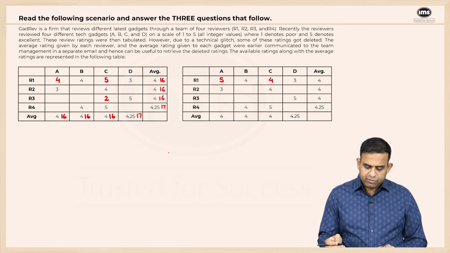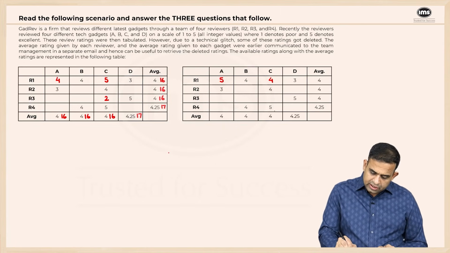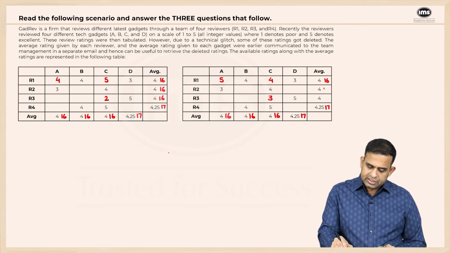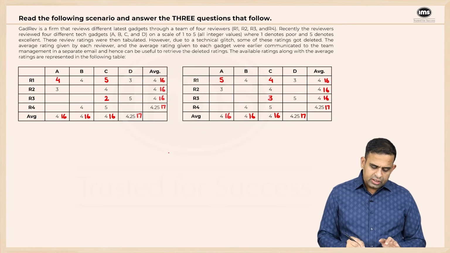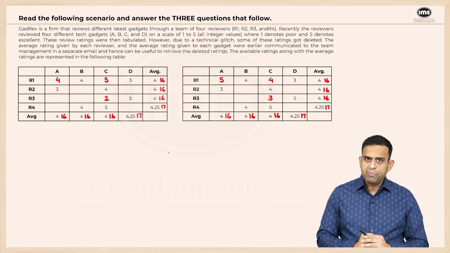In the next possibility, if I look at over here, 4 plus 4 plus 5 becomes 13. So this needs to be equal to 3. Then at this particular moment, for R3, right now 2 plus 5 becomes 7.